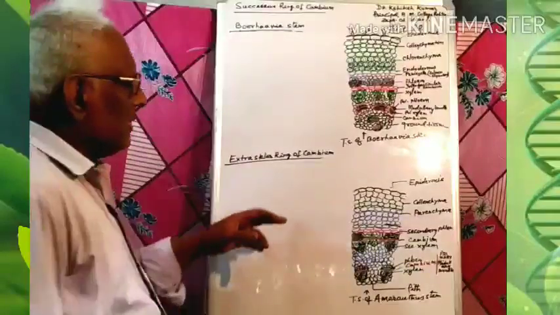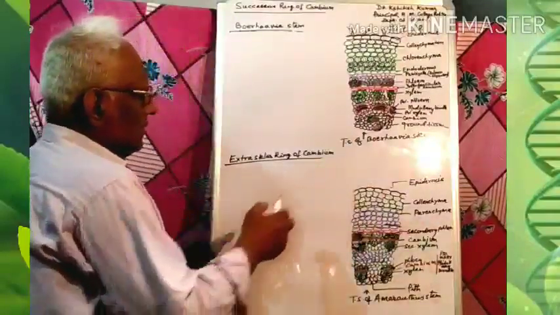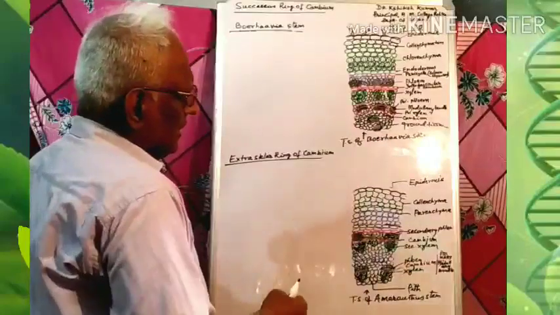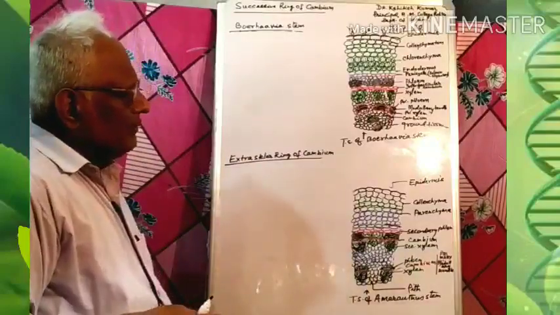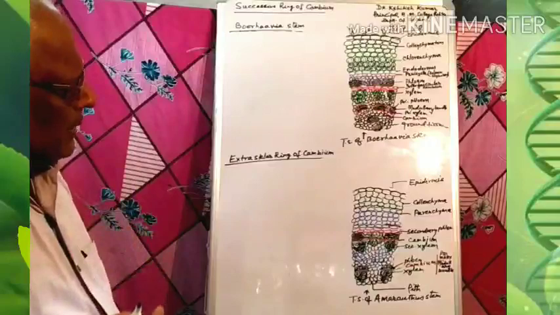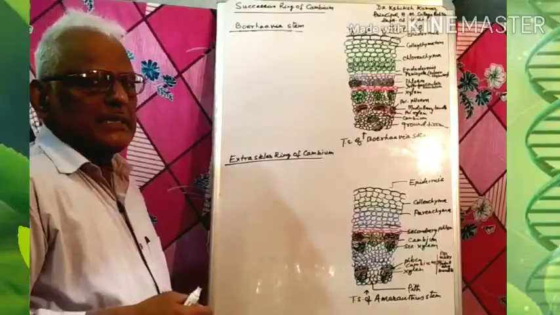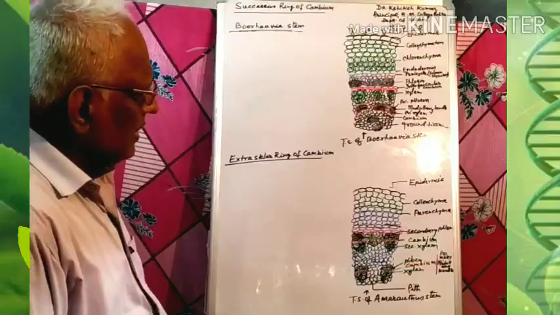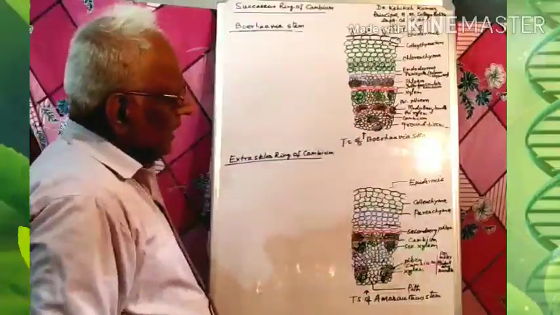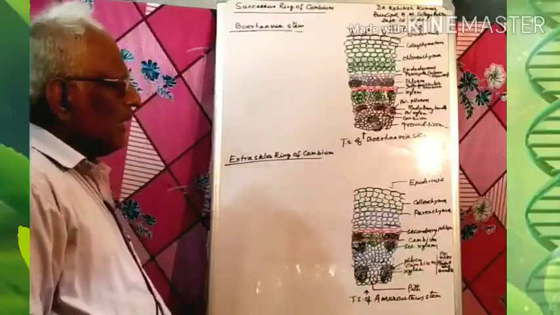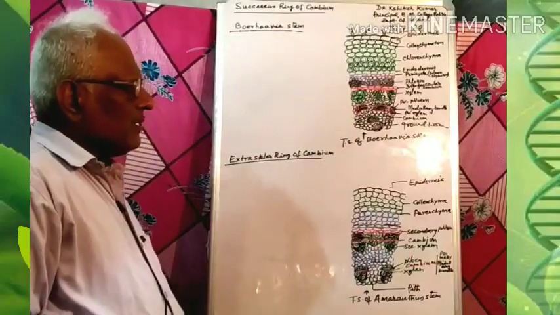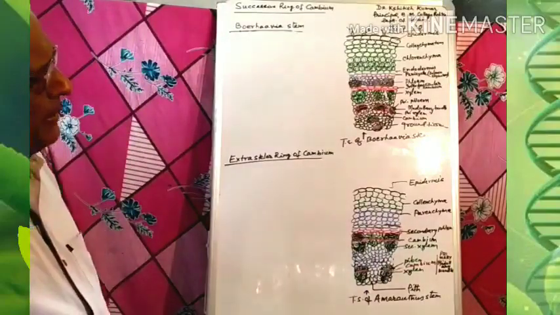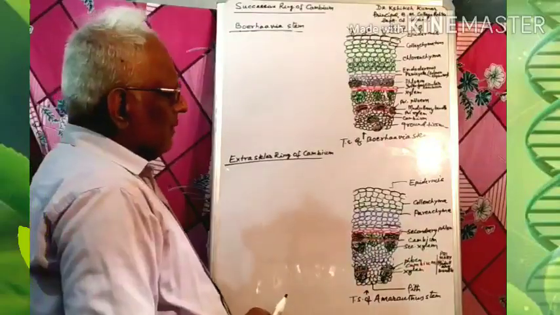The first ring, the innermost, has 2 bundles arranged vis-a-vis, means face to face in the middle, and these bundles are conjoint, collateral and open, means it contains xylem and phloem, and in between the two there is the cambium ring.